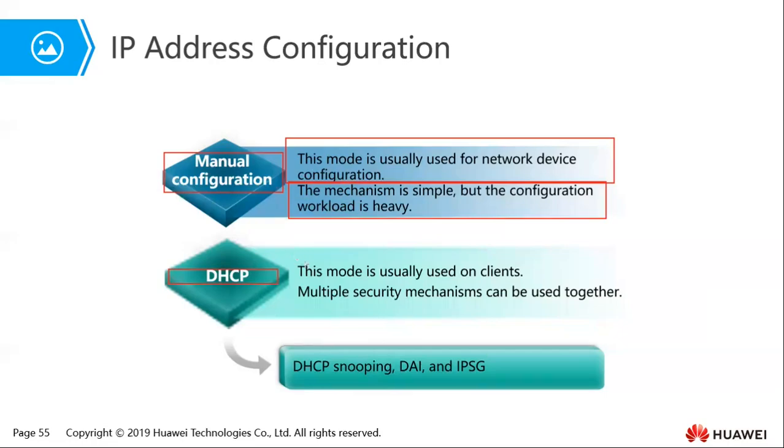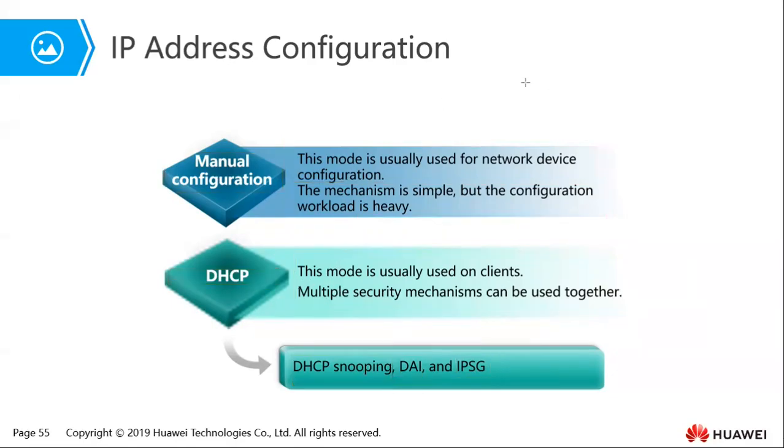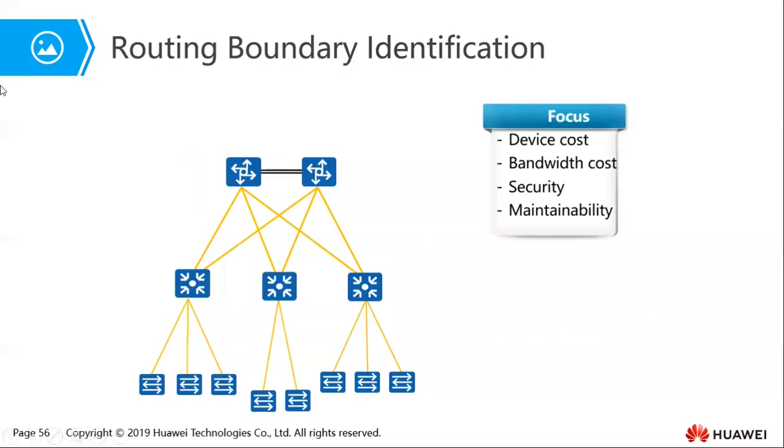DHCP, we all know it, is used on clients, and multiple security mechanisms can be used together because it opens another Pandora's box. It is susceptible to certain attacks, but if you implement DHCP snooping, dynamic ARP inspection, and IP source guard, then it can cater for those security threats that face this particular protocol.